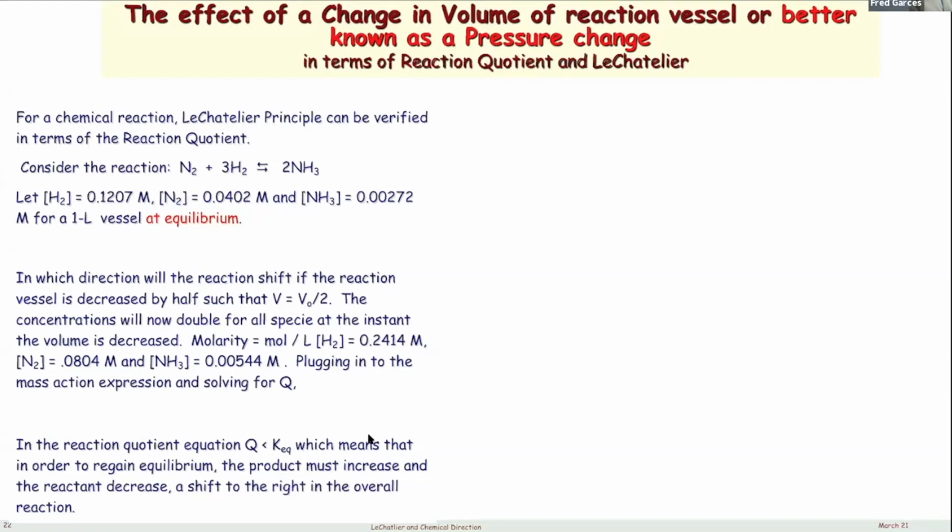Because you're not affecting the concentration or the partial pressure of the chemicals in the mass action expression. Only those chemicals in the mass action expression are going to be affected if you change the conditions. When you change those concentrations, then you will get a shift one way or the other based on Q.